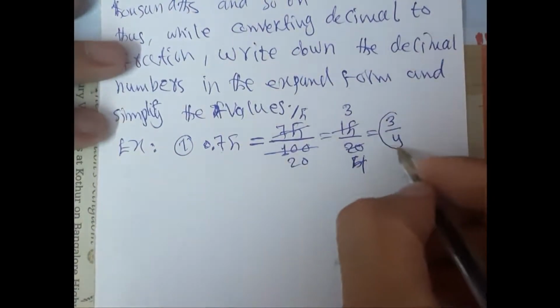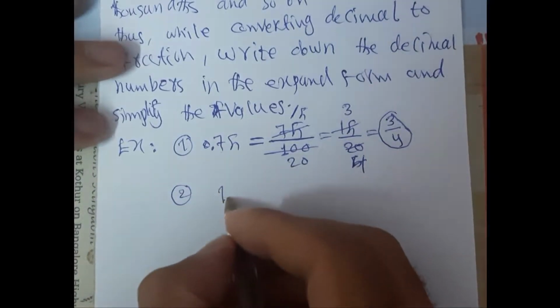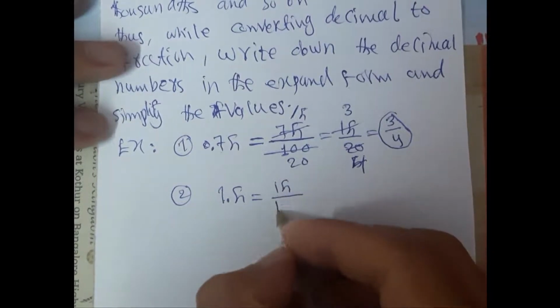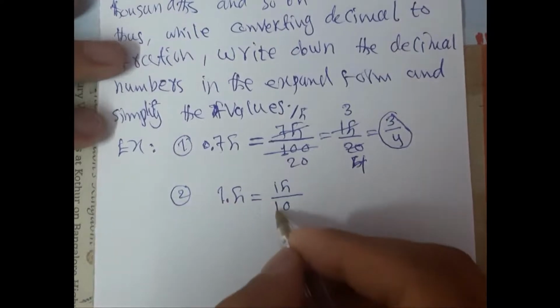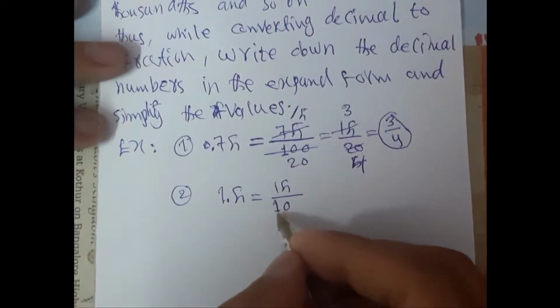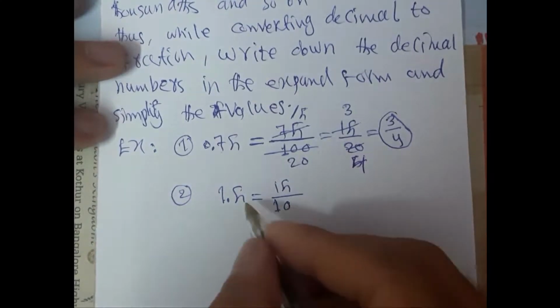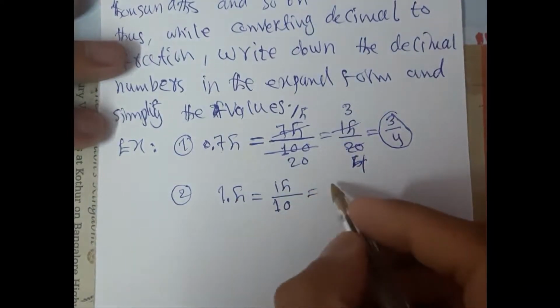It is the answer. Number 2, 1.5 is equal to 15 upon 10. It is 10 because we write here 1, and on the right side of 1 we put 0, because here we have 1 decimal place.